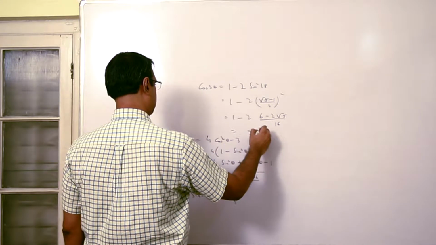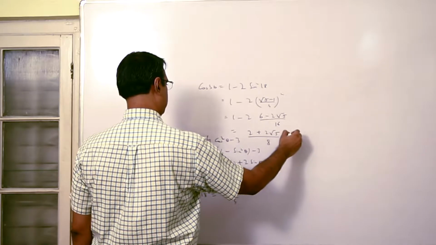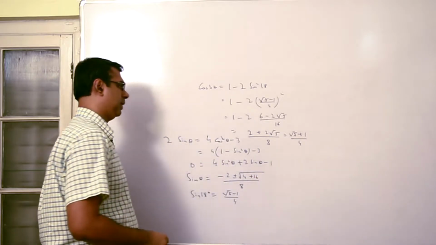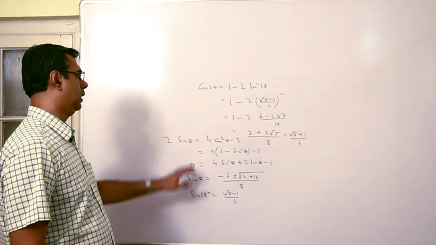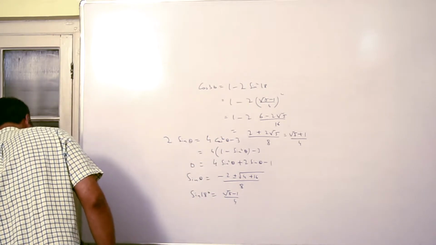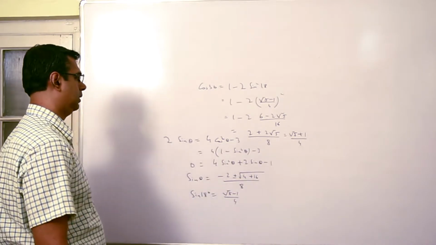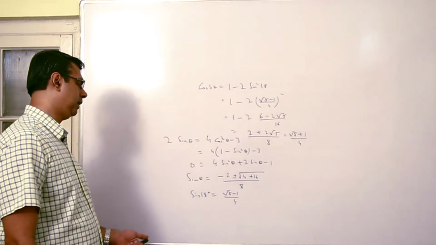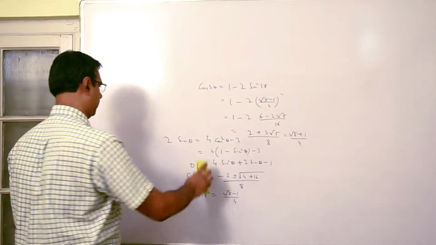So after simplification you will get 2 plus 2 root 5 by 8, which means that the answer will be root 5 plus 1 by 4. So this is cos 36. So sine 18 degree and cos 36 degree, these two standard angles will be added to your already known standard angles like sine 30, cos 60, etc.